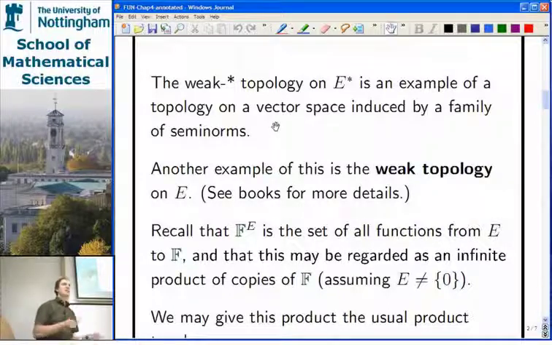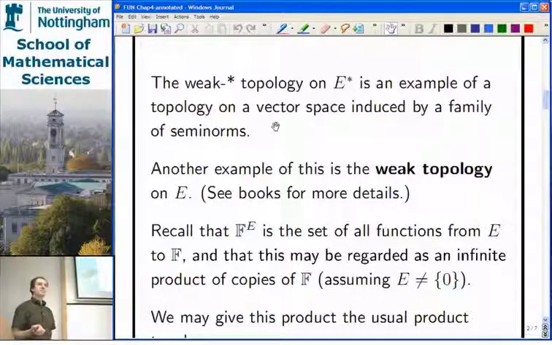But sometimes, if you combine lots of seminorms, you end up with a perfectly good topology, though it doesn't come from a norm. And the idea is that you converge if and only if you converge with respect to every seminorm in your list. And so that gives you a nice notion of convergence, and you get a nice topology out of that, but it doesn't always come from a norm.